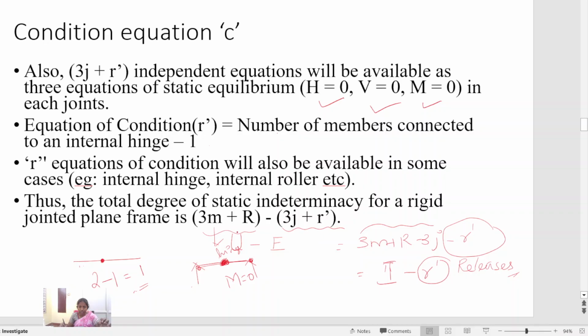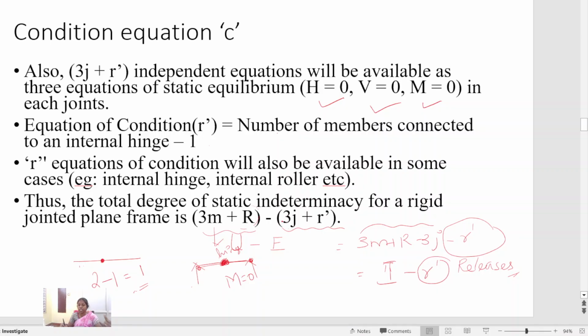So the general indeterminacy term is 3m plus r minus 3j. That is, 3m plus r means the number of unknowns present in the structure. In that, r is the number of reactions, RA, RB, like that. 3m means for each member there is an axial force, shear force and bending moment. That's why 3m. So 3m plus r minus 3j, where these are the available joints.